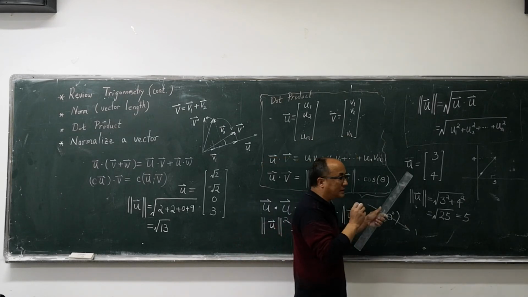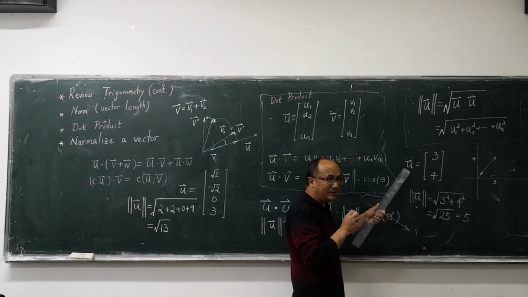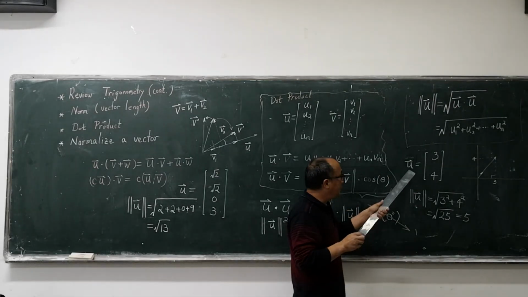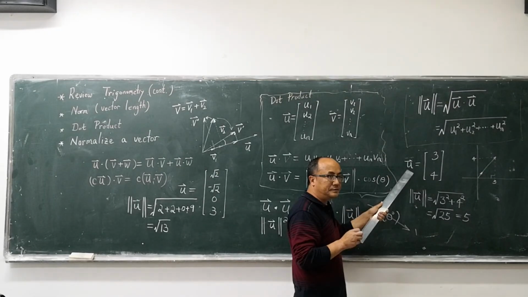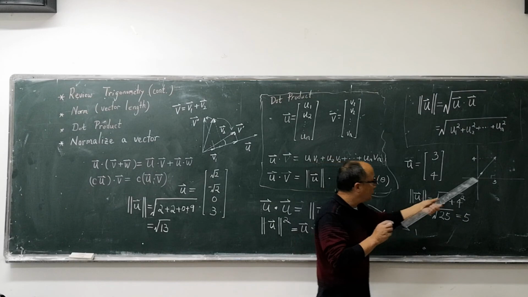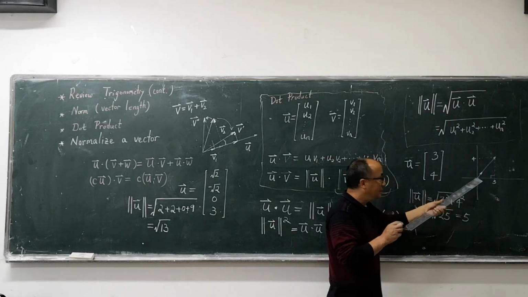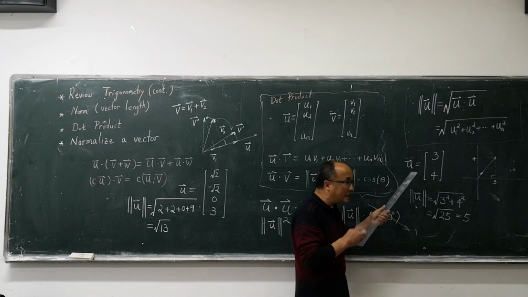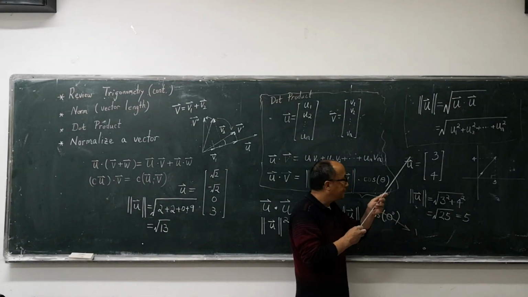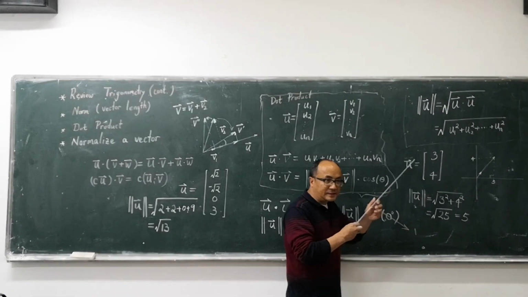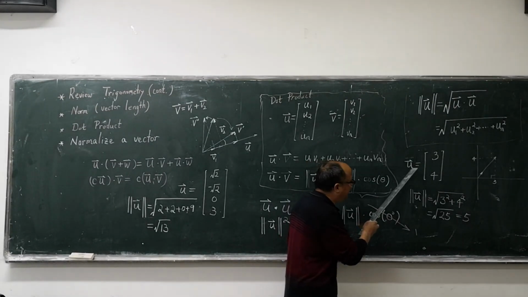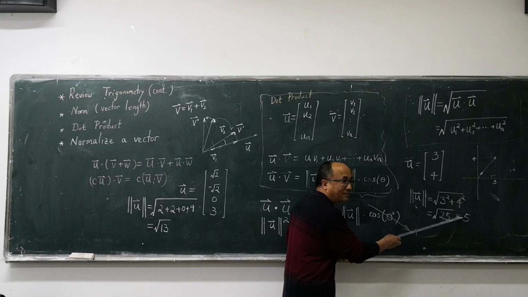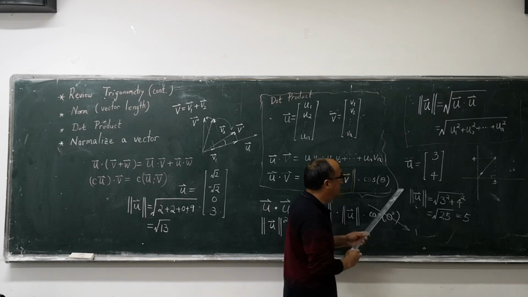We want to find the unit vector, whose length is 1. How to find the same direction but with length 1? Divide this vector by its norm, then that is 1.